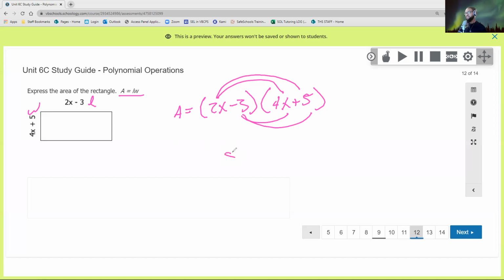It's going to be 8, because 2 times 4 is 8, and then x times x is x squared. So 8x squared, then 2x times 5 gives us a 10x, and then negative 3 times positive 4x gives us a negative 12x, and then finally we have negative 3 times 5, which gives us a negative 15.